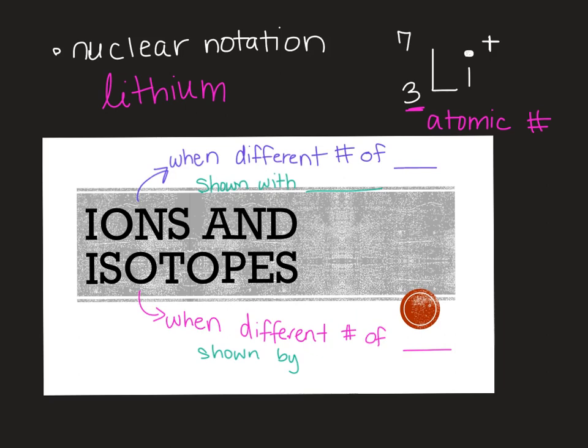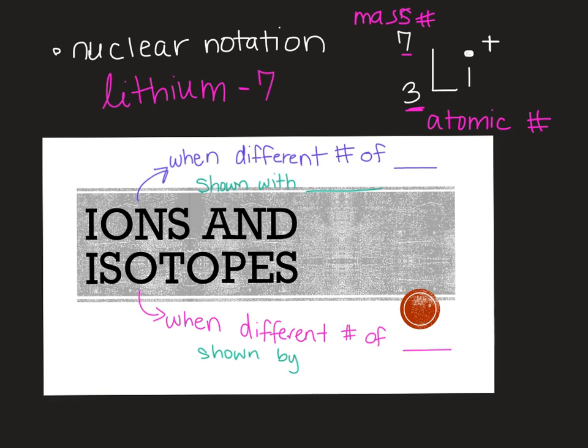It has 3 protons inside that nucleus. This 7 up here is your mass number. We're going to see that a mass number is going to be specific to different isotopes. So when we're writing these names, we can say this is going to be lithium 7.